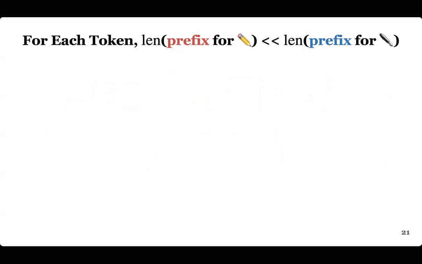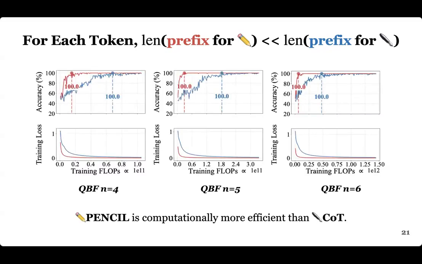So even if we change the x-axis in the previous figure to the amount of compute, the difference between these two approaches is even more dramatic, meaning that using the same amount of compute, PENCIL can converge significantly faster than chain of thought. And when the size of the problem becomes large, the difference is even more dramatic.